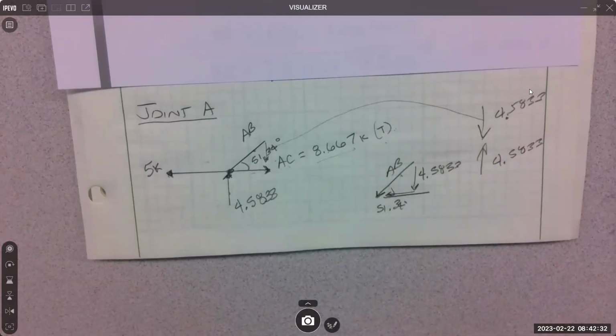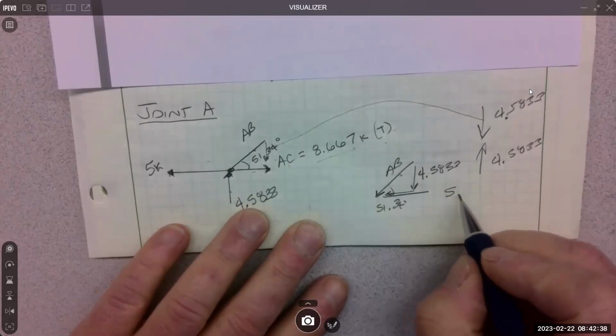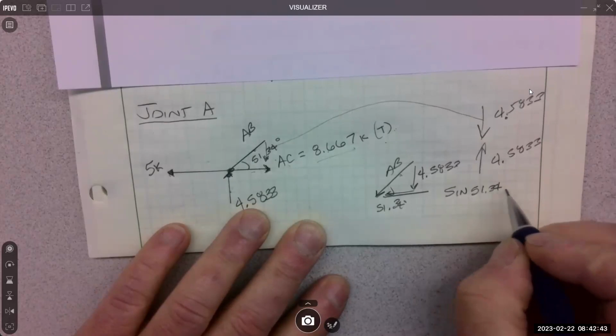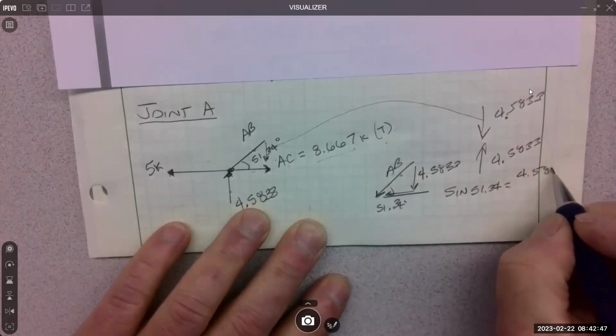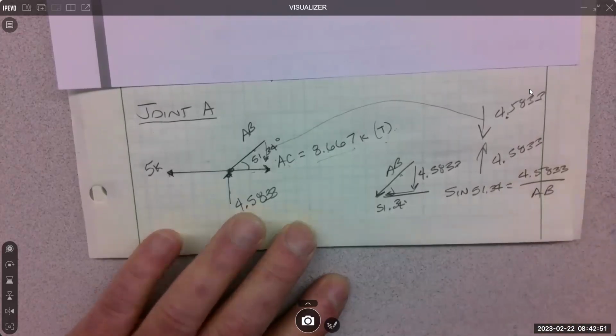Problem solved. So I would use sine, and I would write it. Sine 51.34 equals opposite 4.5833 over hypotenuse, AB.